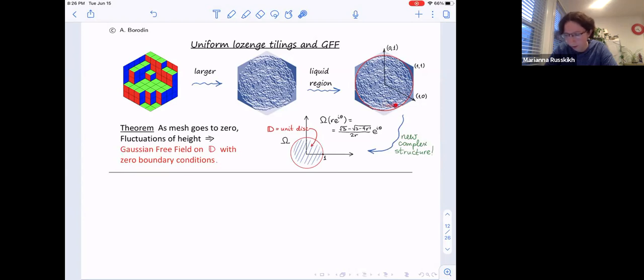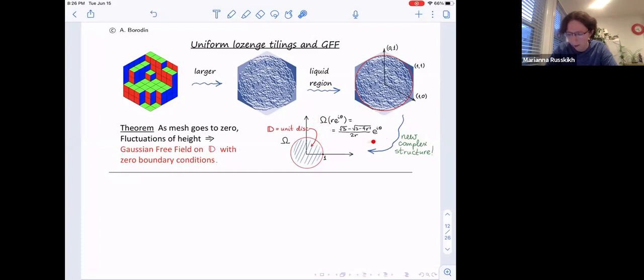The fluctuations of the height function inside the liquid region, in the case of uniform lozenge tilings of the hexagon, are known to converge to the Gaussian free field, but in a new conformal structure. So one should map this liquid region to a unit disk with some map, which is a precise map.